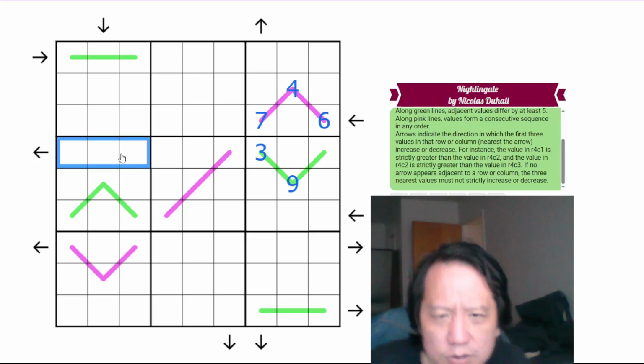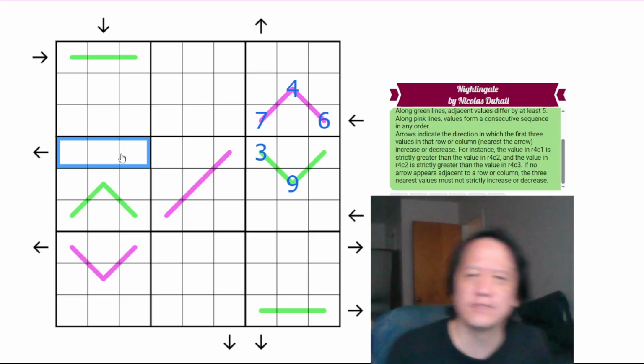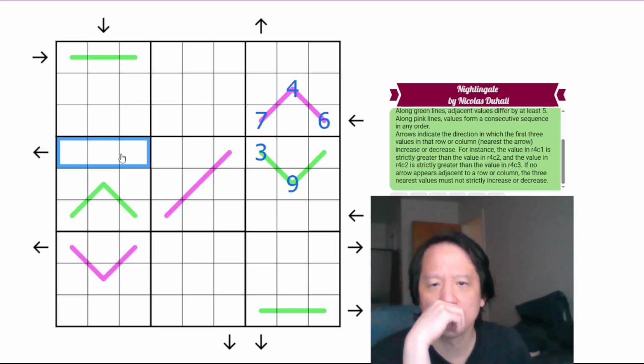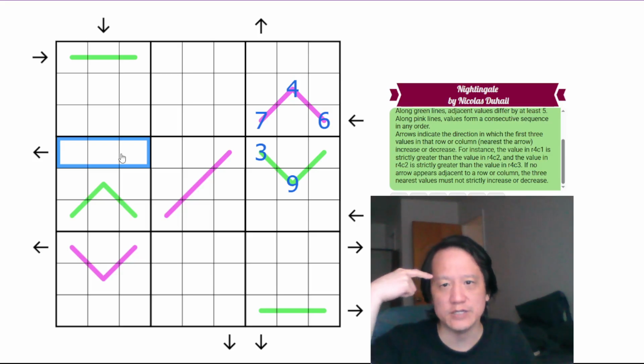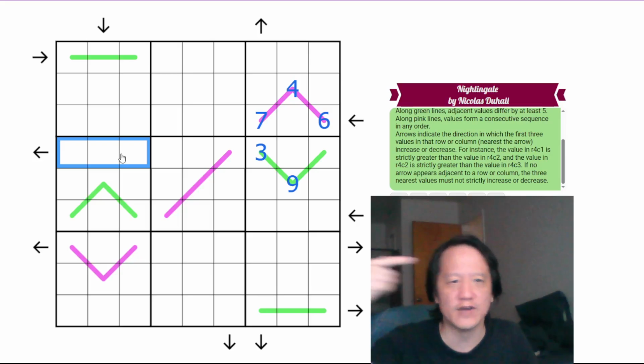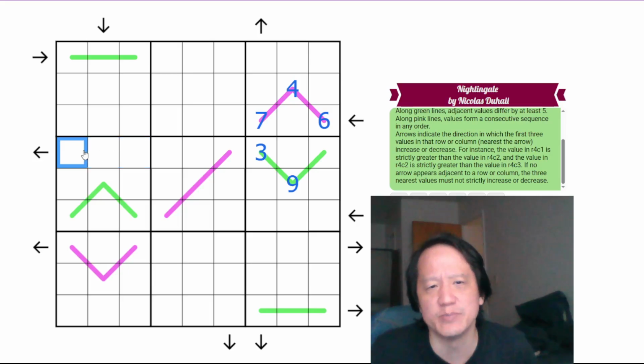Huh, that's weird. Why is it increase or decrease? It's got to be just increase, right? Because the direction that the arrow points to is the direction in which the values increase, at least from the example given.